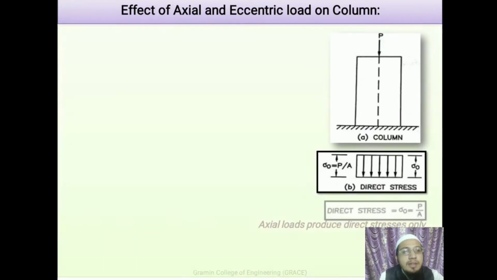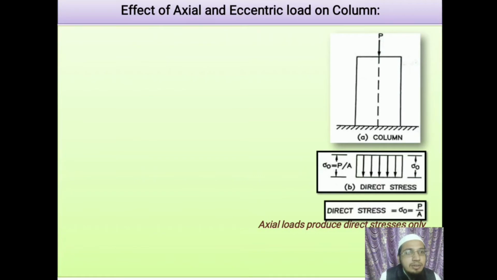Just remember that axial loading produces only direct stresses. So, what is the effect of axial load? It produces direct compressive stresses in the column, the stress distribution diagram is simply a rectangle, and this stress is obtained as P by A.